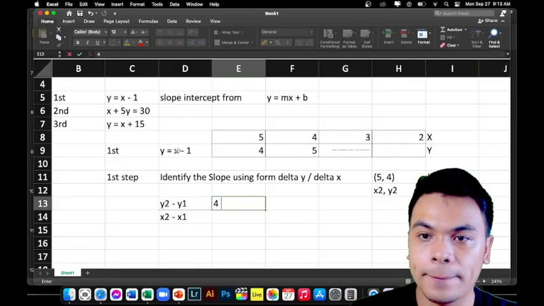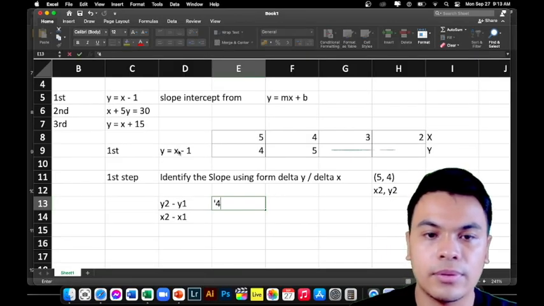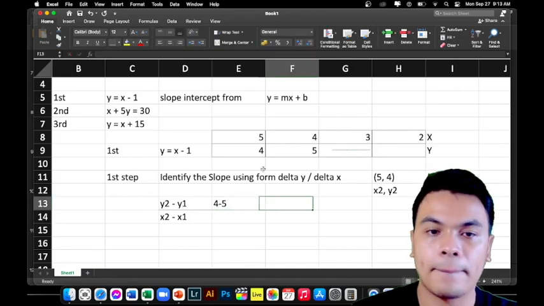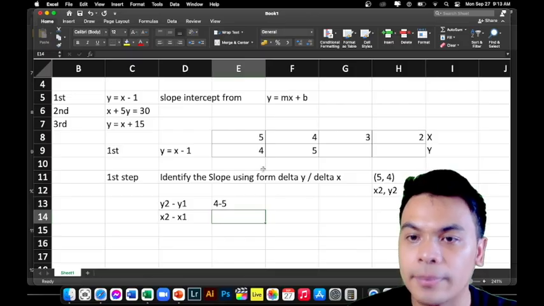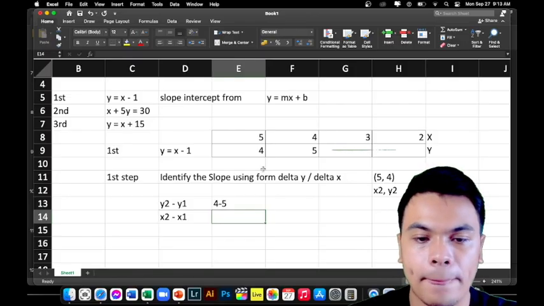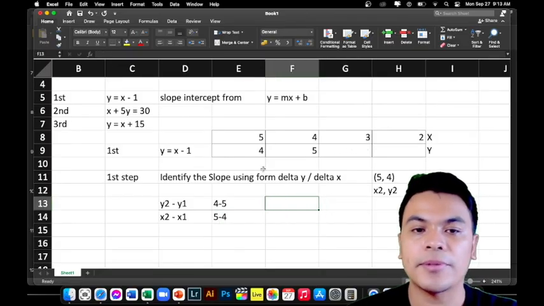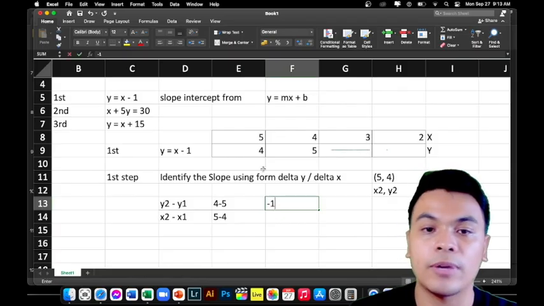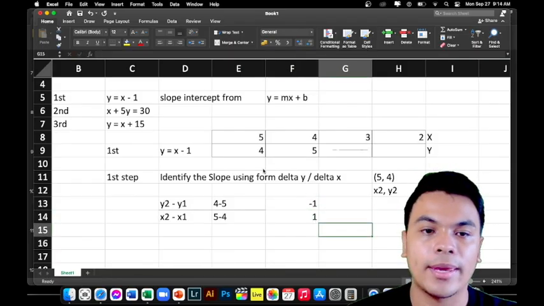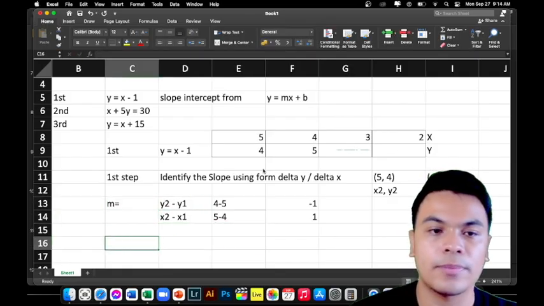That is 4 minus 5 divided by, tama ba? 4 minus 5 divided by 5 minus 4. Yeah, 5 minus 4. So we have 4 minus 5, ilan yun? That is negative 1 divided by 1. And lagyan natin, we are computing for the slope.